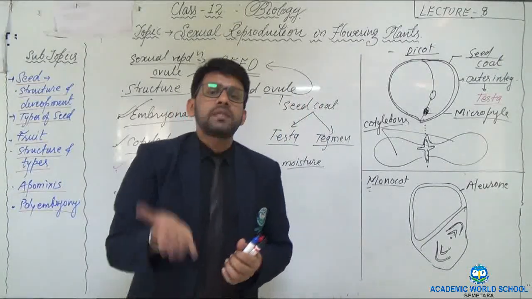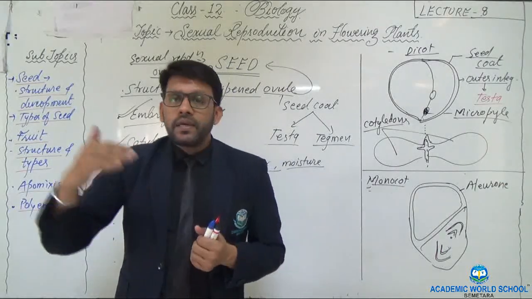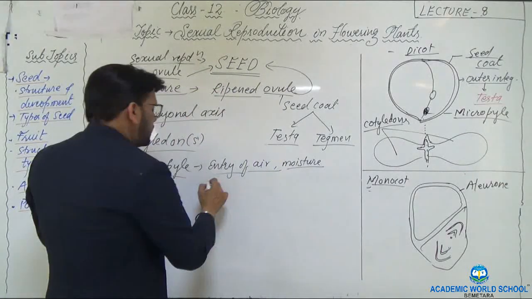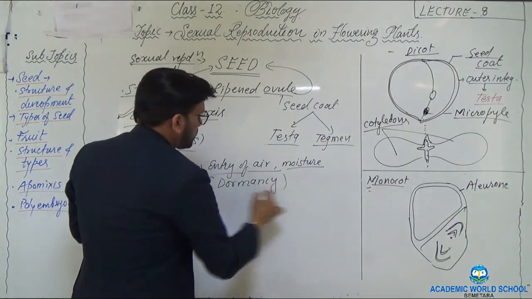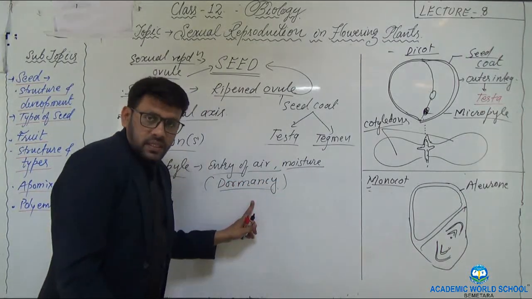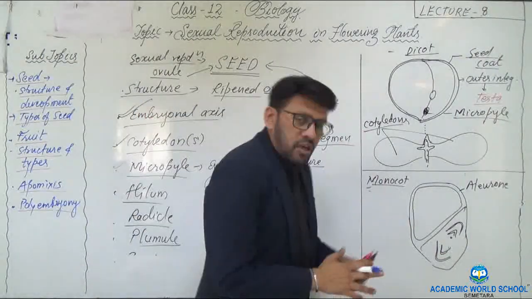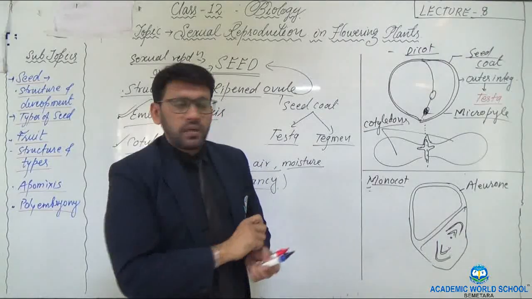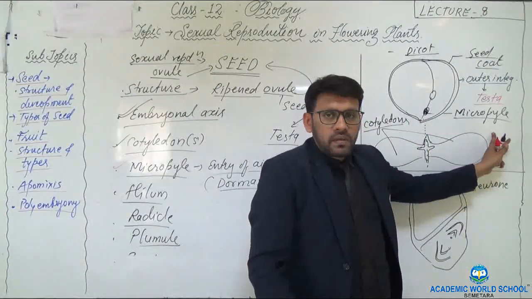Once the seed is dispersed or when it matures, they go into the resting phase, and that resting phase we call dormancy. During the dormancy, they need air and water, so that the germination power can be maintained. For this, the micropyle is responsible.